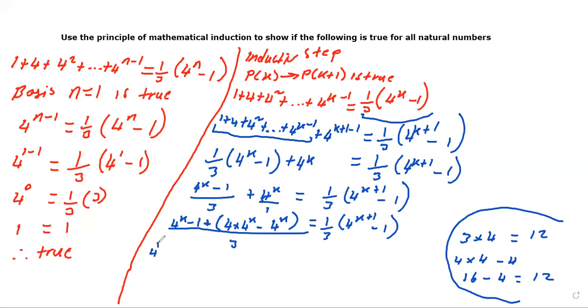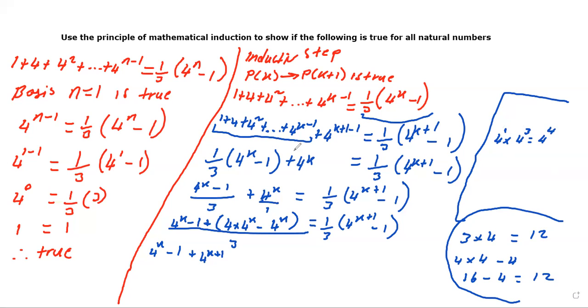And then now we have 4 to the k minus 1 plus 4 times 4 to the k, which is going to give us 4 to the k plus 1. So again, we should remember when you're multiplying indices, you just add the powers. Right? So if you have 4 times 4 to the third, that is 4 to the first times 4 to the third, so that would be 4 to the fourth.